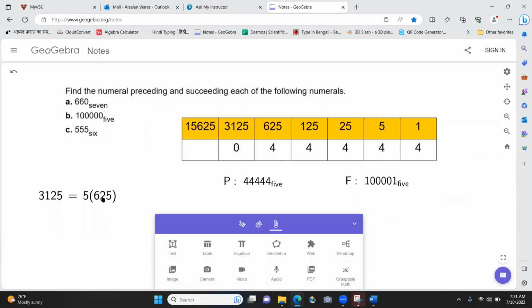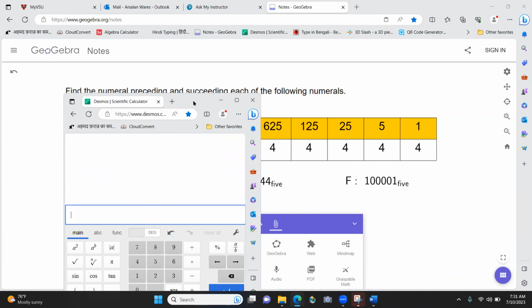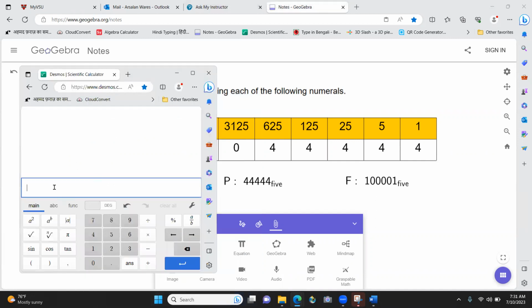Now let's go check our answers like we did before, slowly. Let's clear everything. Okay. I'm going to first do the preceding one. The preceding one is 4, 4, 4, 4, 4. Actually, I'm going to write 0 times 3,125, okay? I'll tell you why.